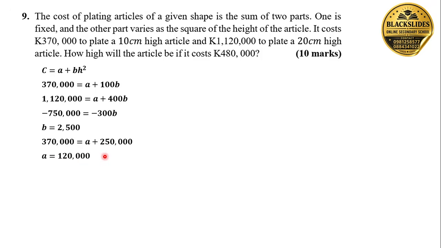So you take these two values, put them into the equation there. Where there's A, you put 120,000. Where there's B, you put 2,500. So you have the equation which you need.